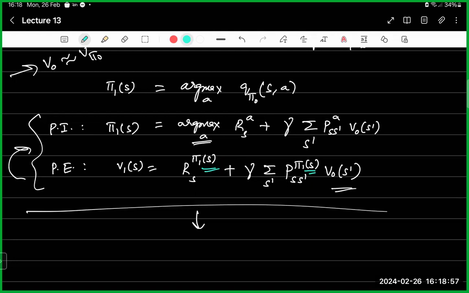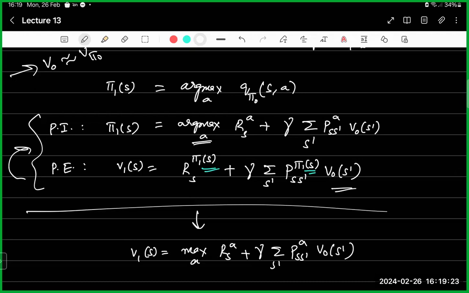Correct? So that means both the equations together, I can write it like this, right? V pi of V1 of S equal to max over A. So I just calculated the argmax and I'm just substituting that into the same function again.